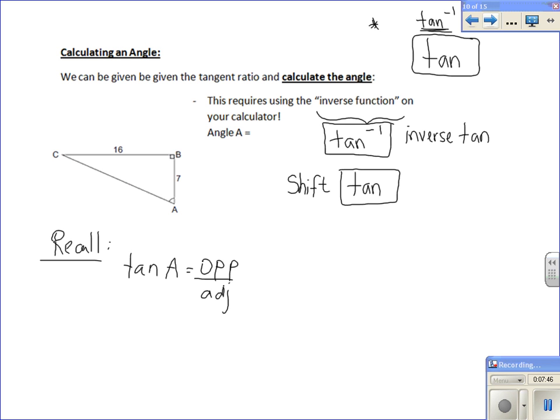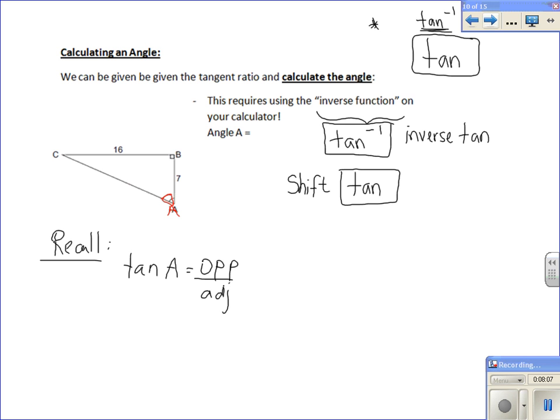Great. So if this was my triangle here that I have, I could see that here's my angle A. Okay, and if I'm asked to calculate A, I can do that, but the first thing I'm going to do is I'm going to find the tan of A.